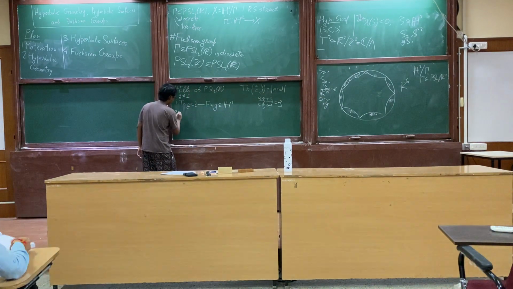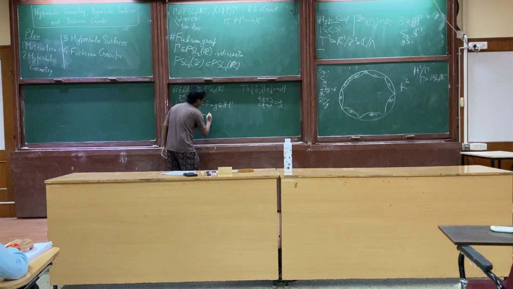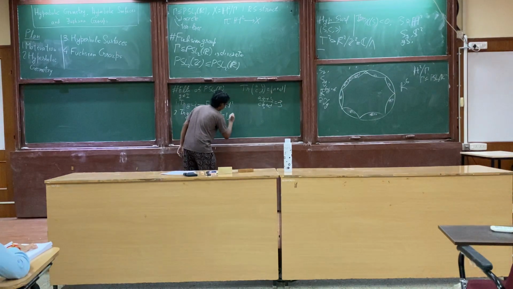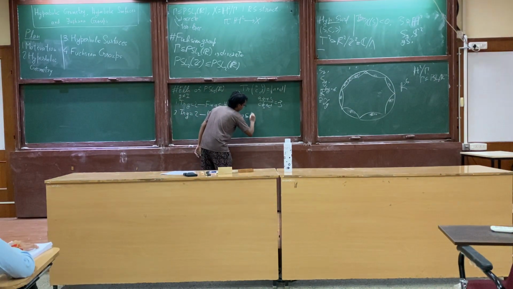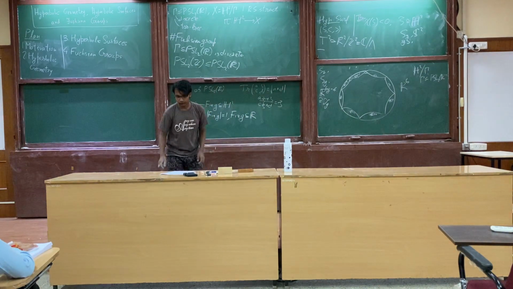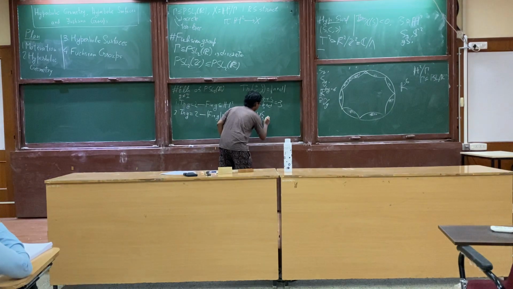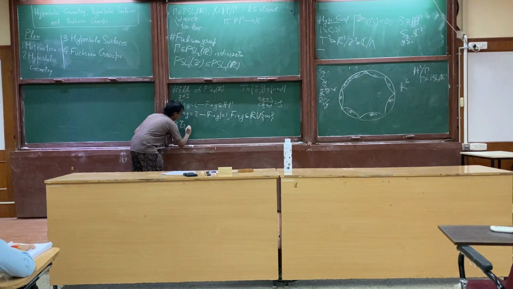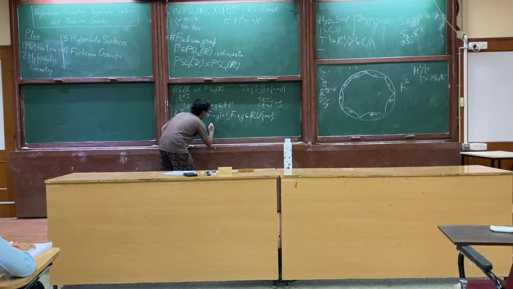Two, if trace G is equal to 2, then there is only one fixed point, and that will belong to the boundary, which is contained in R. And last, trace G greater than 2, then again Fix G has two distinct points.